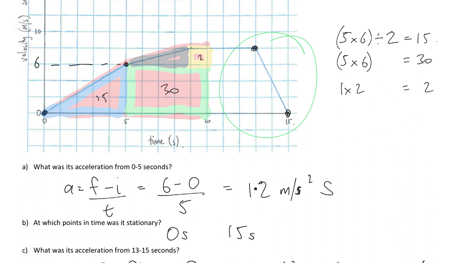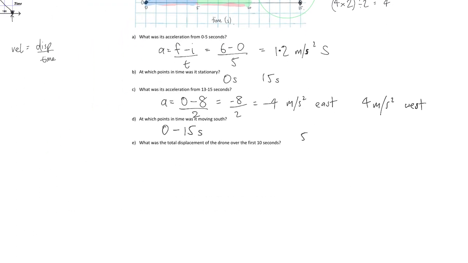And 4 by 2 divided by 2, which is equal to 4, which is that bit there. All right? So that as a total is what? 45, 49, 51. 51 meters. Right? Is that the final answer? Incorrect. It is 51 meters south.